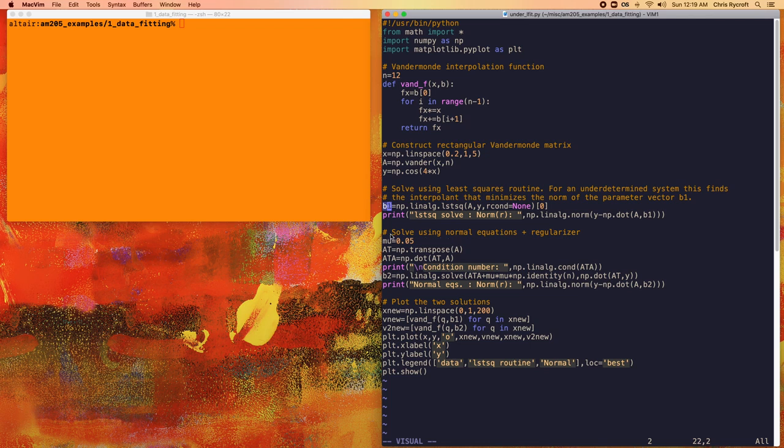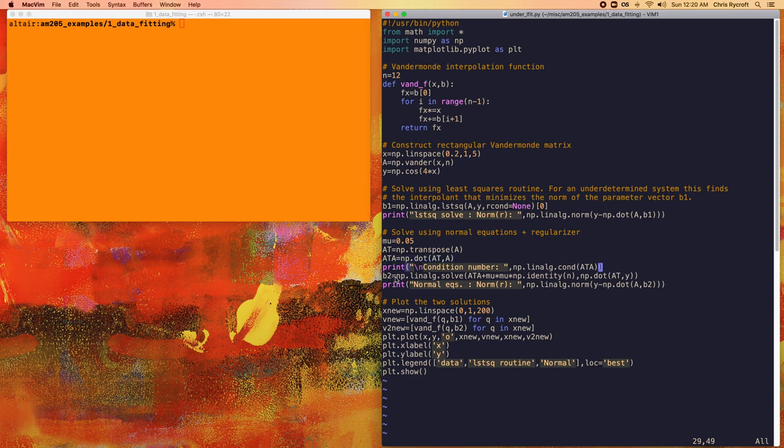In the second approach, we're going to solve the system using the normal equations plus the regularizer that makes the normal equations non-singular. And we'll use mu equal 0.05 for the strength of the regularizer. We'll go ahead and construct the matrix A transpose A that we need to solve the normal equations, and we'll take a look at its condition number.